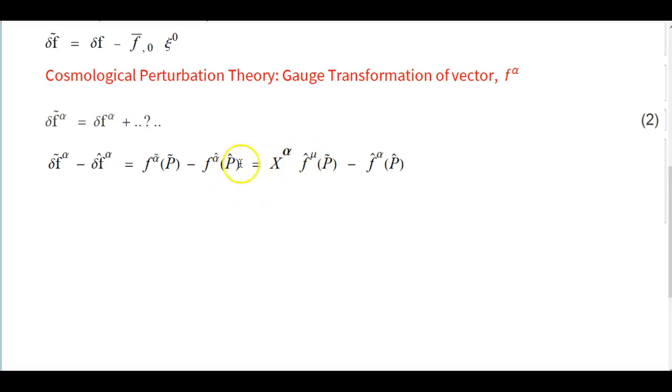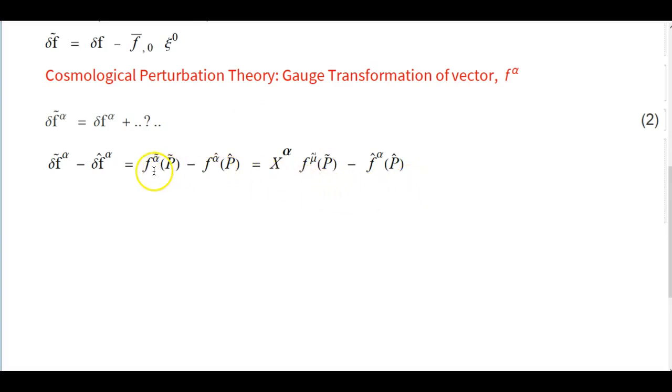Then this is f mu, and this will be mu at the, this I am bringing to gauge 1, so this has to be in gauge 1.